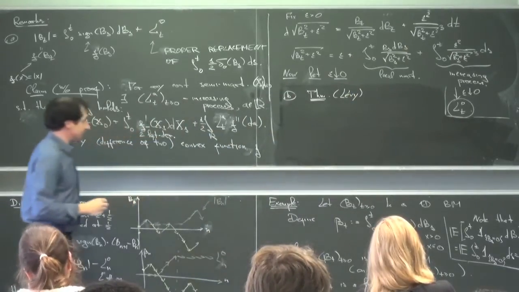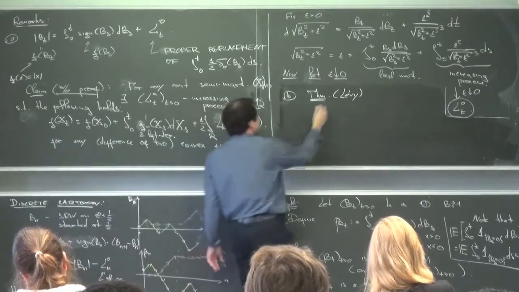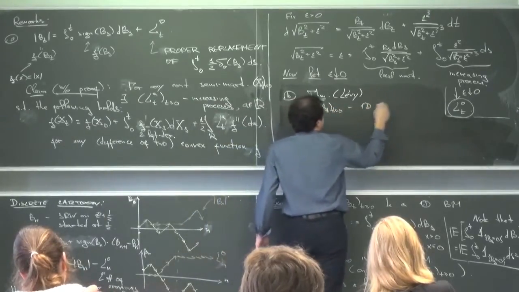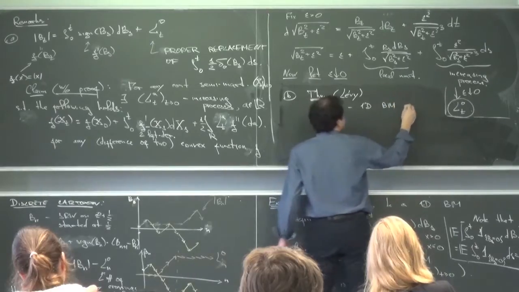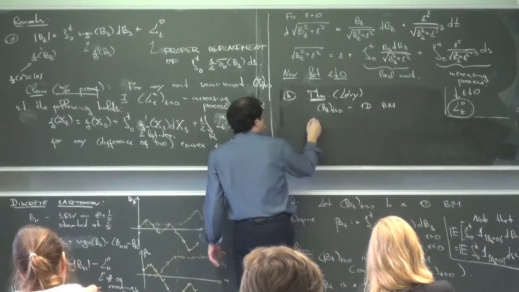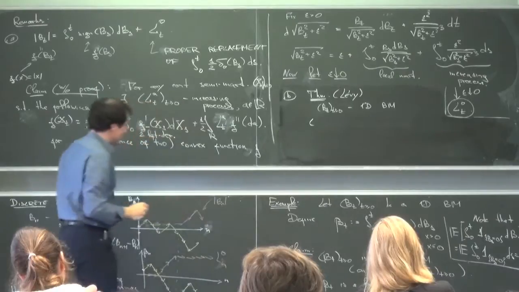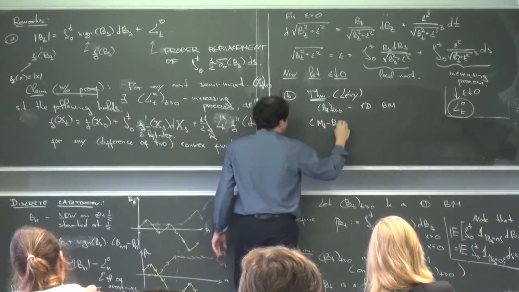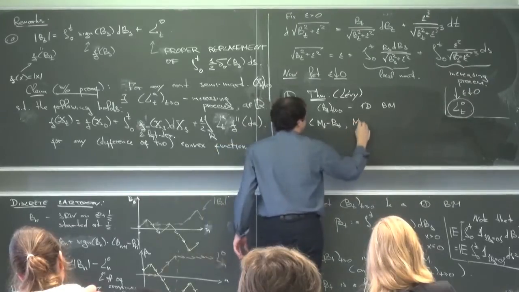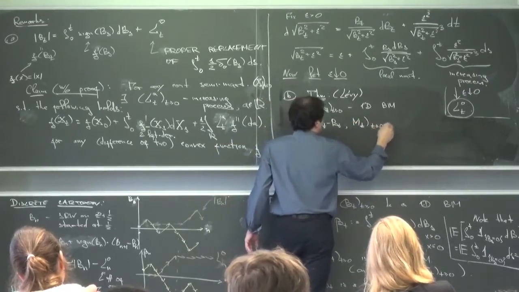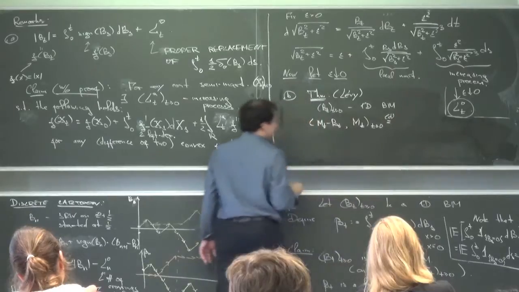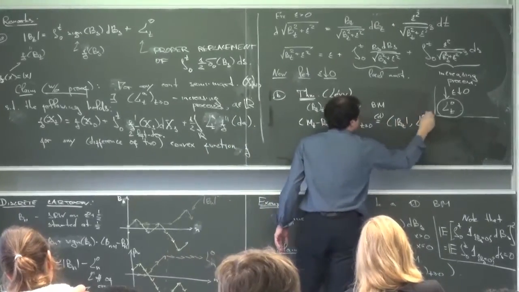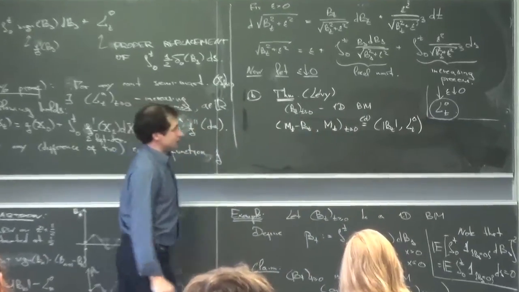And it says that for one-dimensional Brownian motion started from 0, the process M_t minus B_t, M_t, and the process absolute value of B_t, L_t^0 have the same distributions.